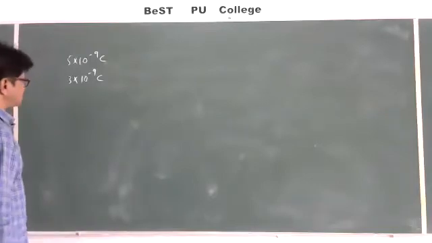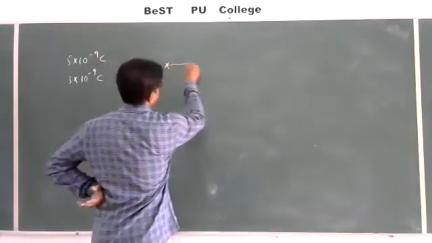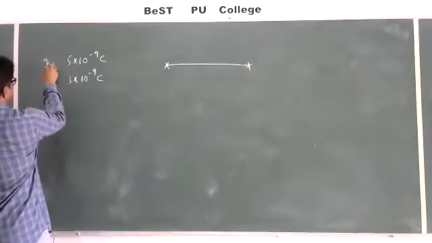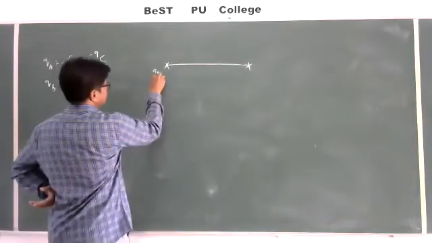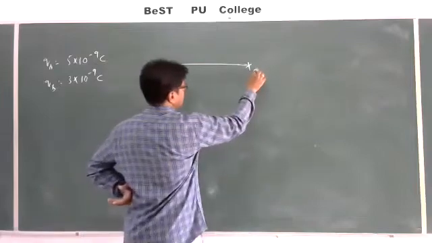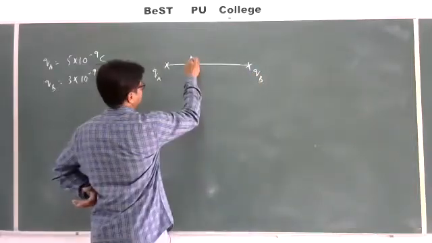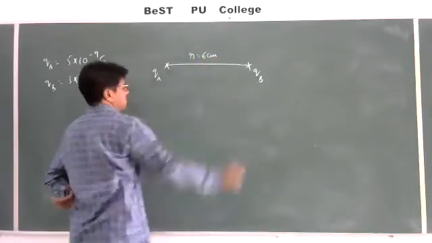What is given is, initially two charges QA and QB are separated by a distance of 6 centimeter.